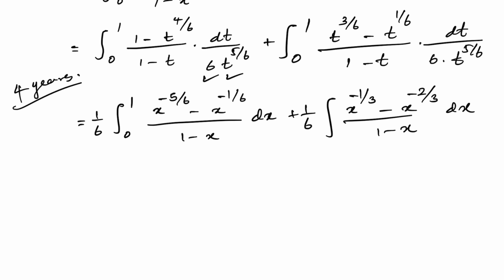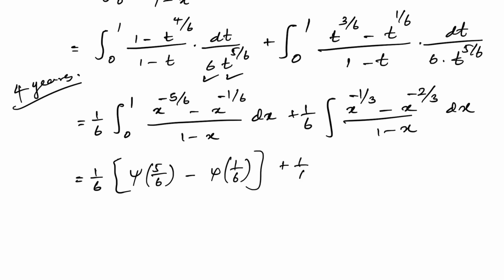So we can write 1 over 6 times (digamma of 5 over 6 minus digamma of 1 over 6), then again 1 over 6 times (digamma of 1 over 3 minus digamma of 2 over 3).